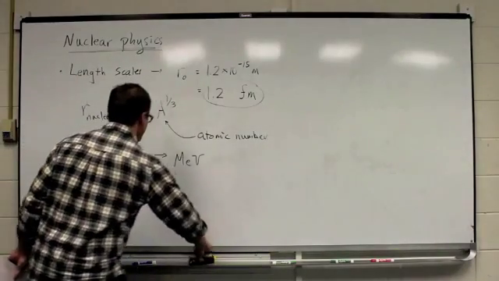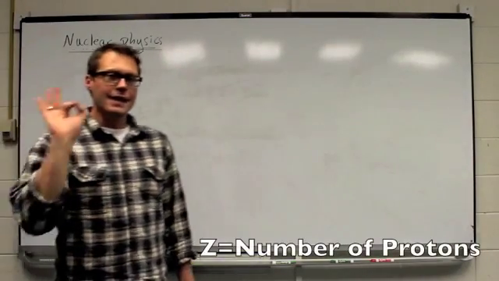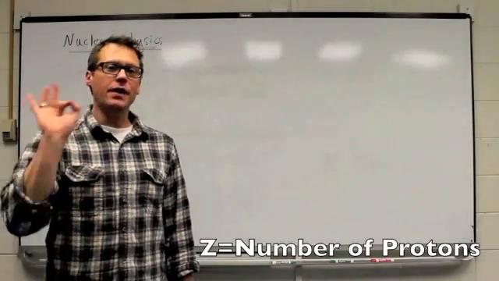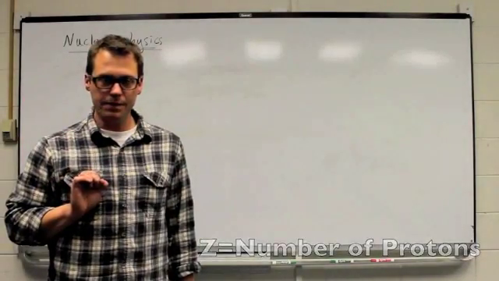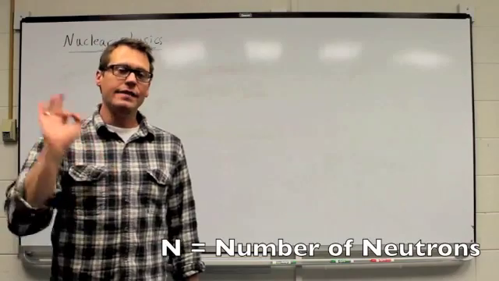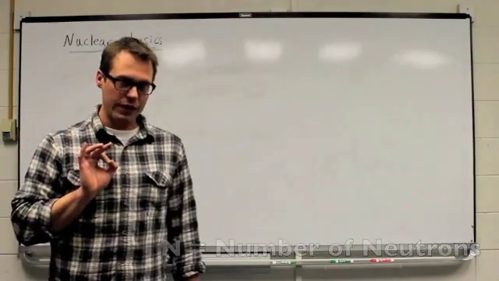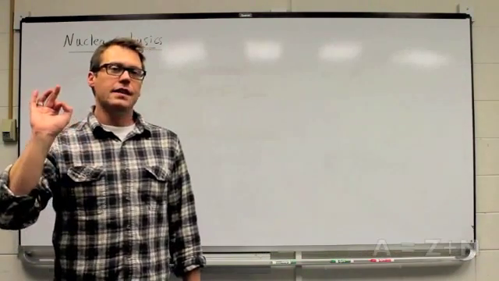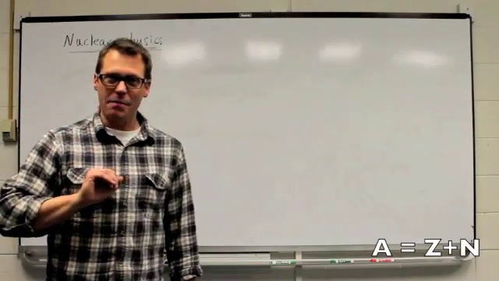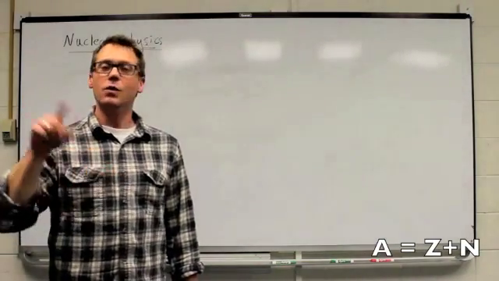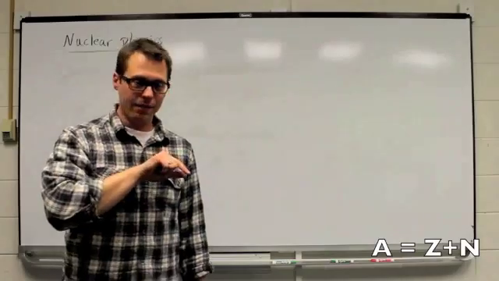A word about notation. We define Z, capital Z, to be the number of protons in the nucleus. Capital N is the number of neutrons in the nucleus. And capital A is this atomic mass number that I mentioned before, which is just Z plus N, right?